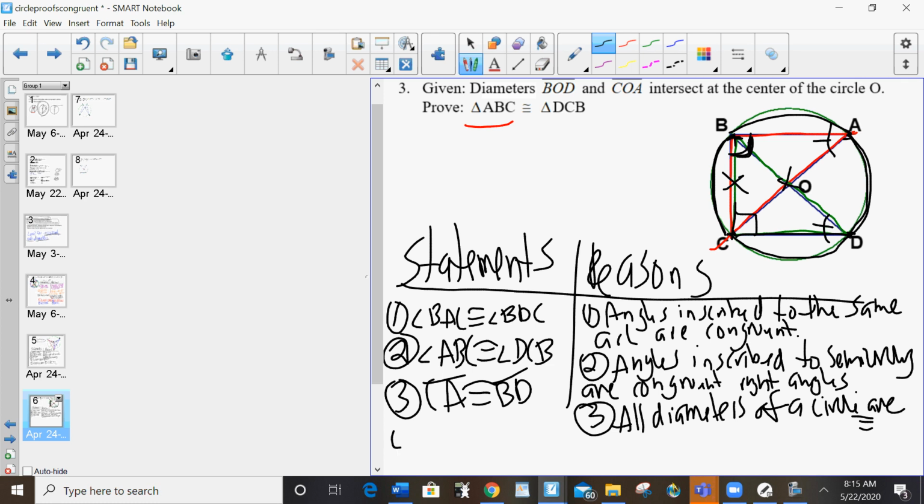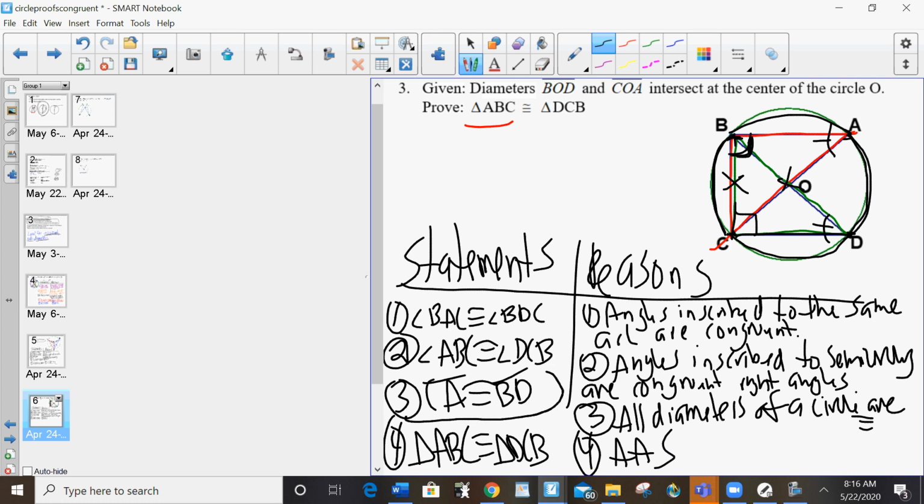So now that I have my three things, I can state that triangle ABC is congruent to triangle DCB, and I mark AAS. There's no CPCTC here because I'm not asked to prove segments or angles. And again, instead of doing CA is congruent to BD here, you could have done BC is congruent to BC, reflexive property. Because there is more than three things you can find, you have your options.